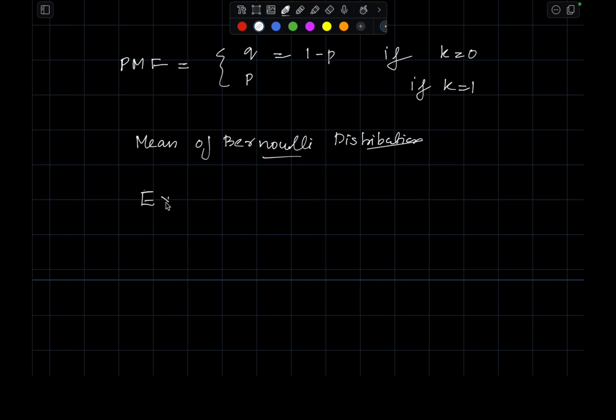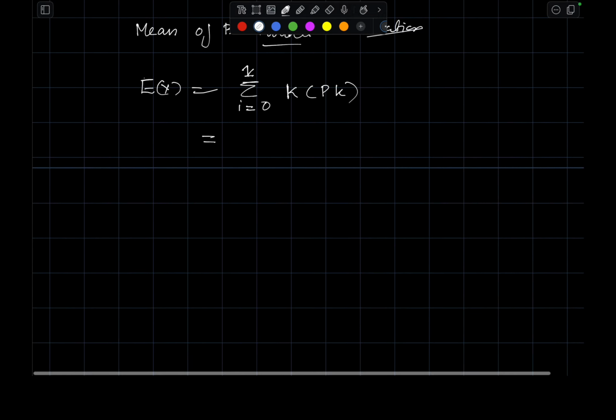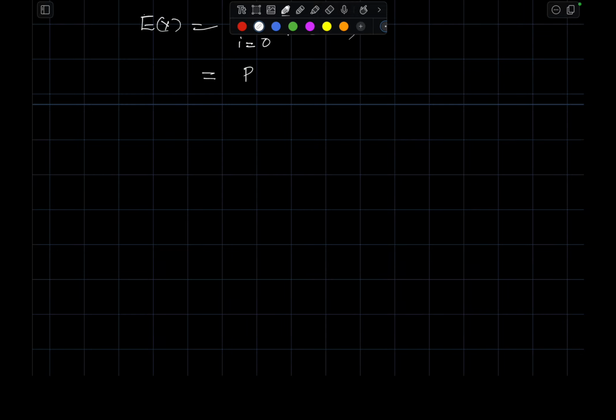If we apply the formula, expected value of x as sum over i equal to 0 to 1 of k into p of k, here it will be nothing but p. Similarly, the variance is nothing but p into q.